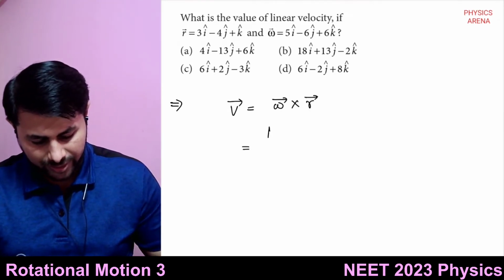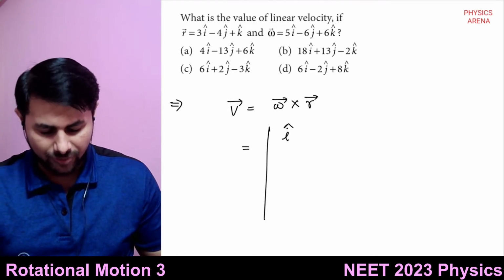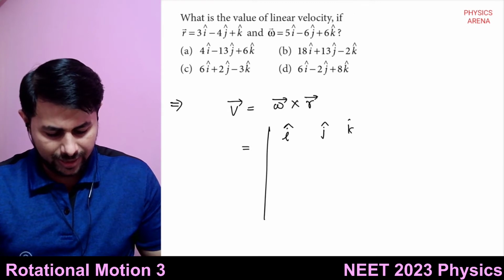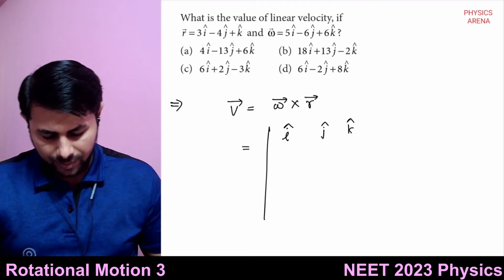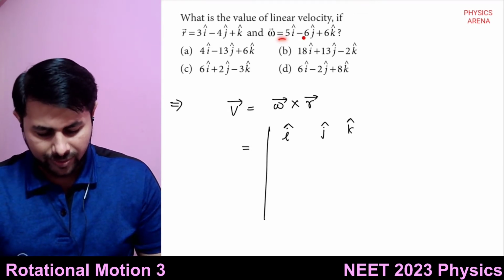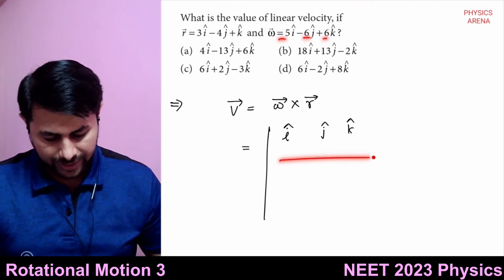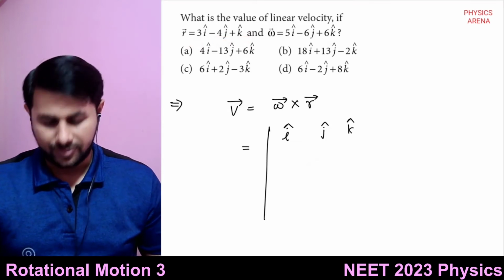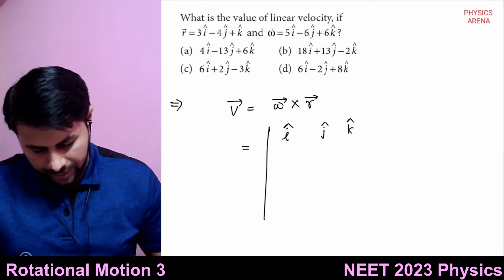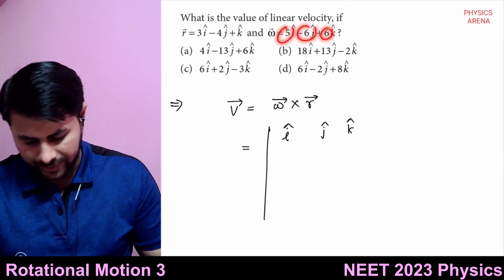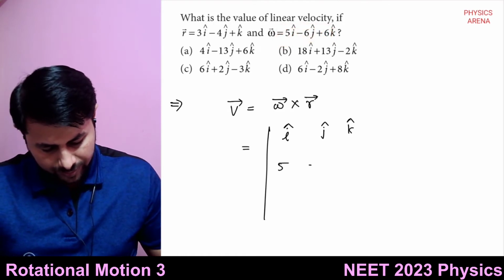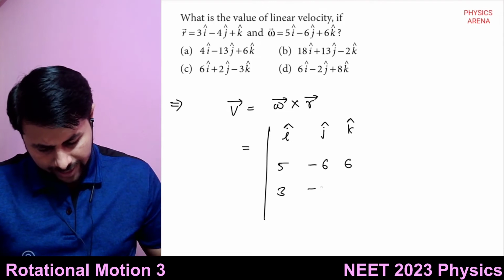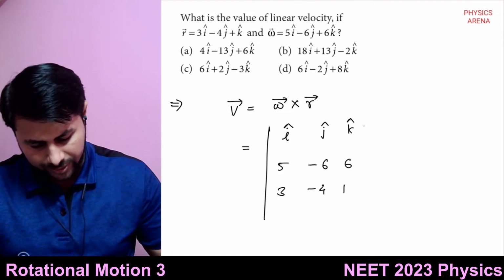We know how to find the vector product, so it is the determinant of i, j, k, then omega x, omega y, omega z in the second row, and rx, ry, rz in the third row, right? So it is 5, minus 6, 6 in the second row, and 3, minus 4, 1 in the third row.